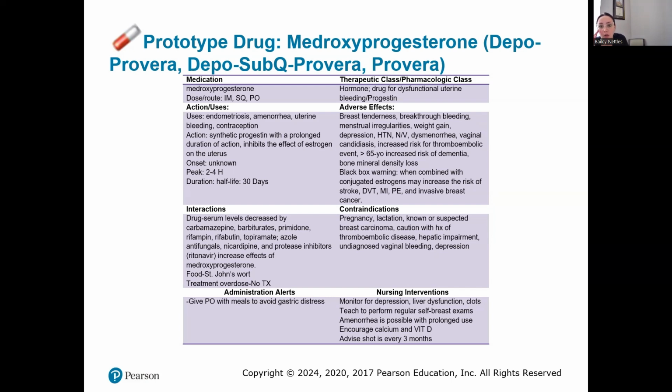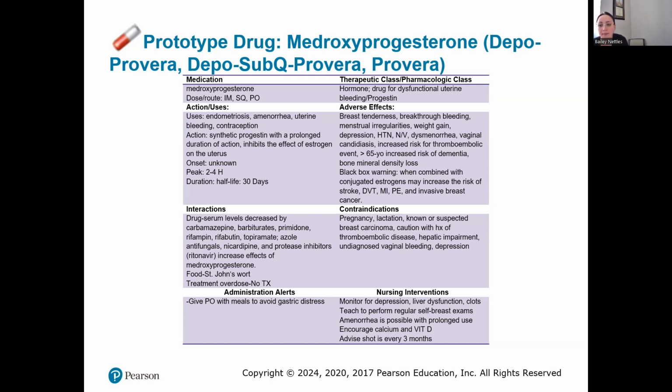Synthetic progestin with prolonged duration of action inhibits the effects of estrogen on the uterus. You can have breast tenderness, breakthrough bleeding, menstrual irregularities, weight gain, depression, headache, hypertension, nausea, vomiting, dysmenorrhea, vaginal candidiasis, increased risk of thrombotic event. If you're over 65, you have an increased risk of dementia and bone mineral density loss, okay?